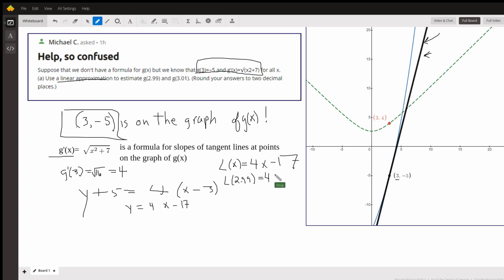So it would be 4 times 2.99 minus 17. And L of 3.01 would be 4 times 3.01 minus 17.